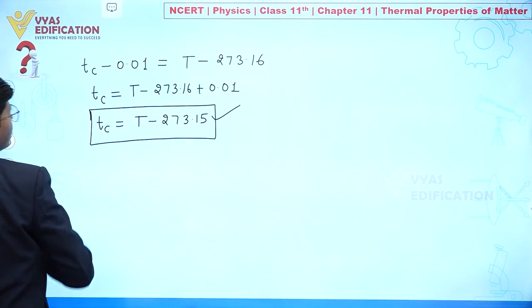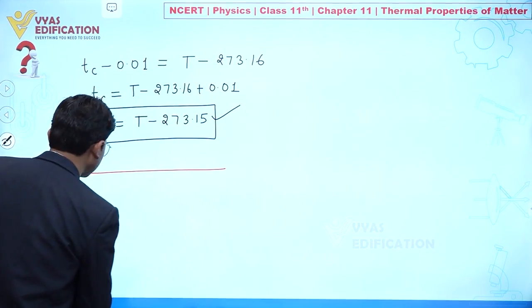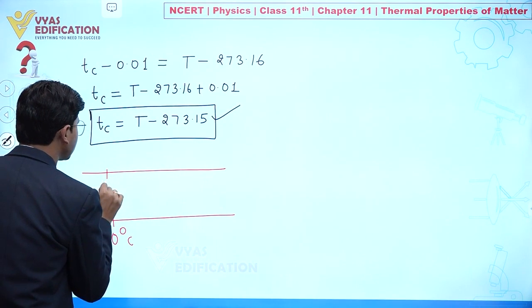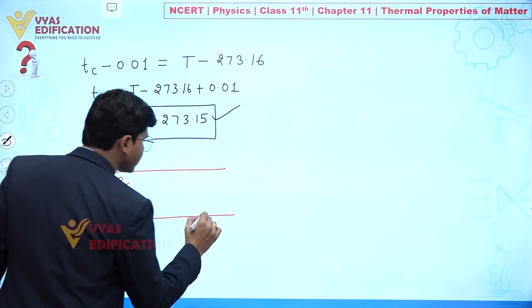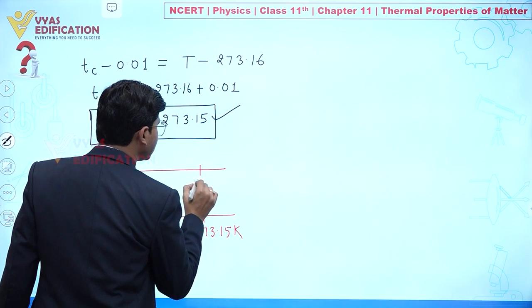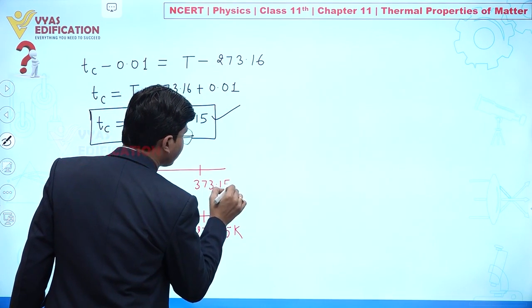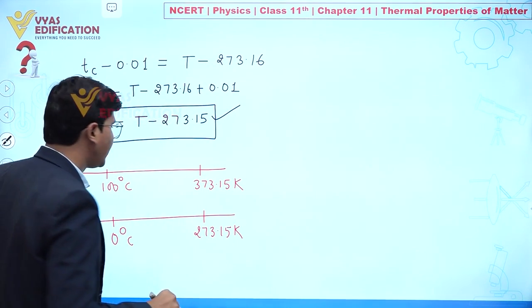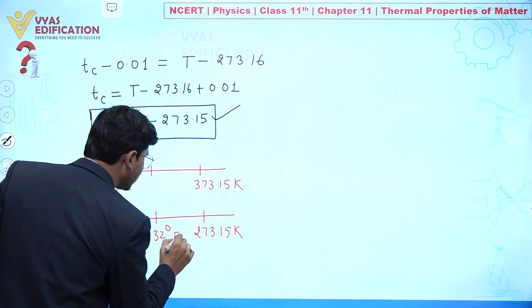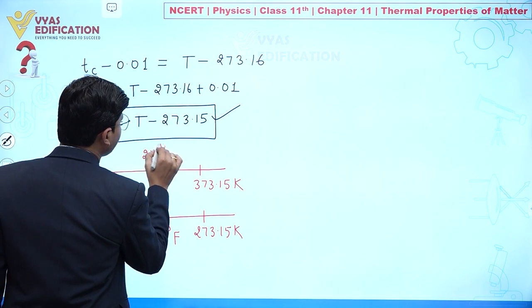If I again draw this scale, the lower limit is 0 degree Celsius and for the Celsius scale this is 100 degree Celsius. Here we have 273.15 Kelvin, and this is 373.15 Kelvin. And if I talk about the Fahrenheit scale, this is 32 degree Fahrenheit and 212 degree Fahrenheit.